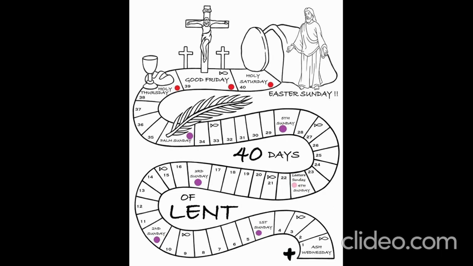After Laetare Sunday, Pink Sunday, is the 5th Sunday of Lent. And the Sunday after that is Palm Sunday. Palm Sunday is the day we remember when people praised Jesus when he rode a donkey into Jerusalem.